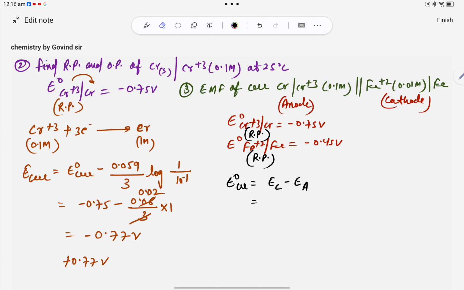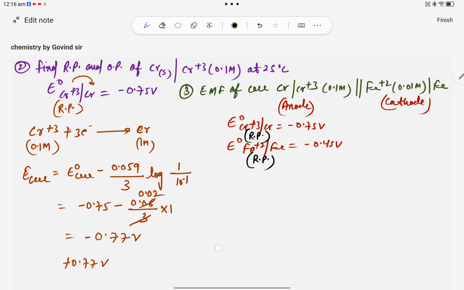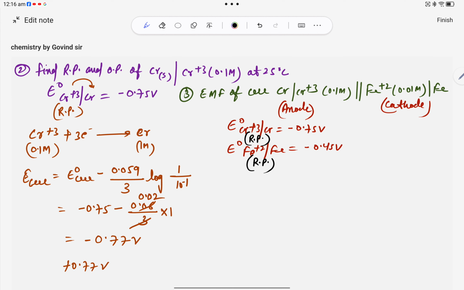Wait 1 minute. In the previous two questions, if you go through, direct you can solve. E cell is equal to E of cathode minus E of anode.